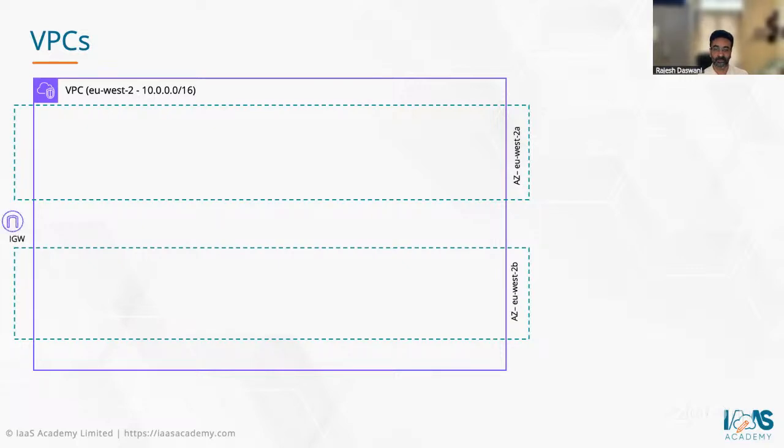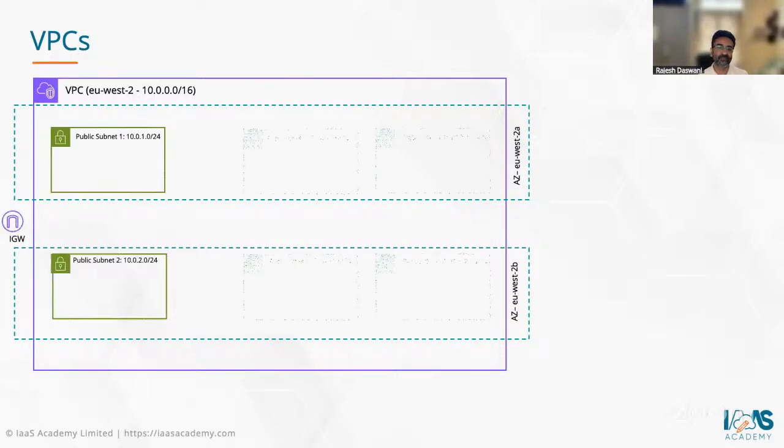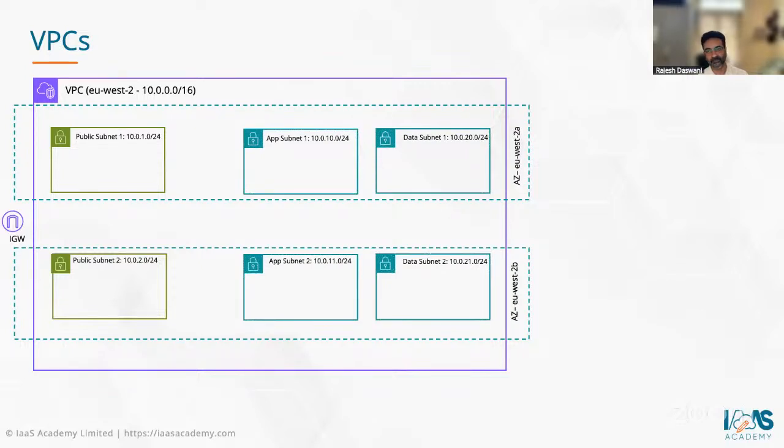Within those availability zones, though, you will create your subnets. So you've got public subnets and private subnets. A public subnet is a subnet that is connected to a route table that gives you direct access to the internet gateway. Private subnets are those that do not give you access directly to the internet gateway.